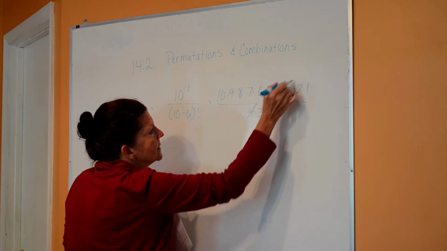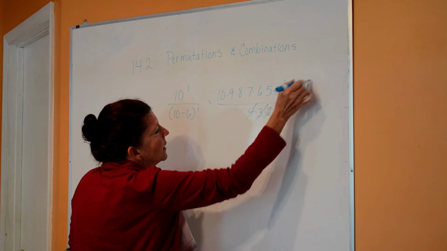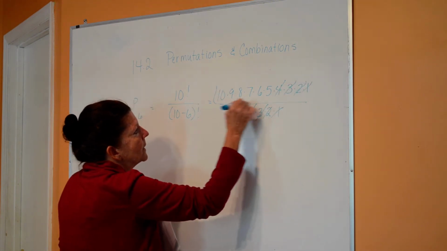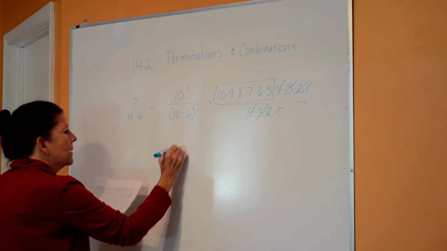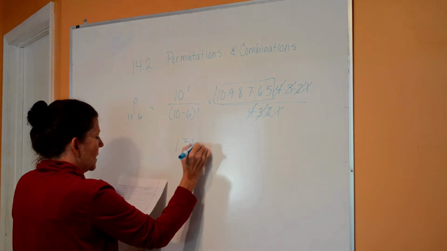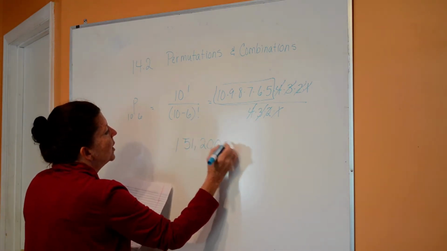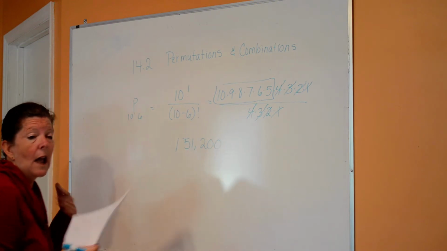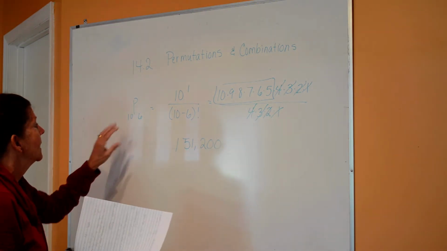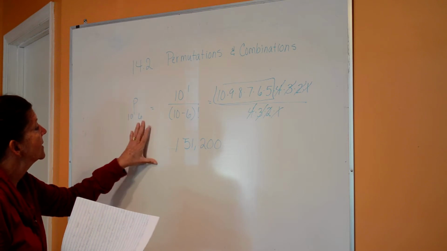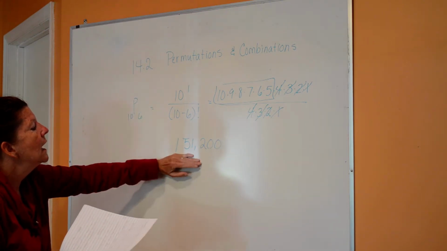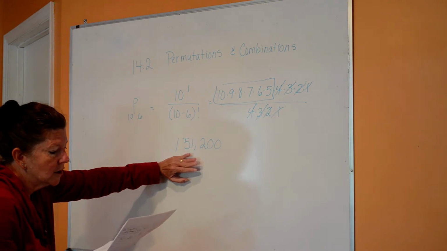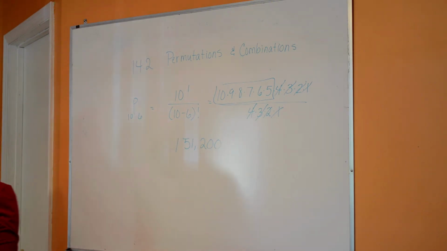So these last 4 I don't need to worry about. I'm going to use my calculator and multiply all those together and I'm going to get 151,200. So how many different ways can I take 10 things 6 at a time where order is important? It's a permutation: 151,200.